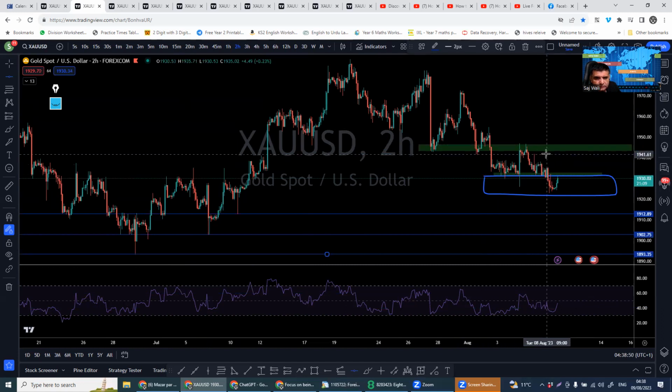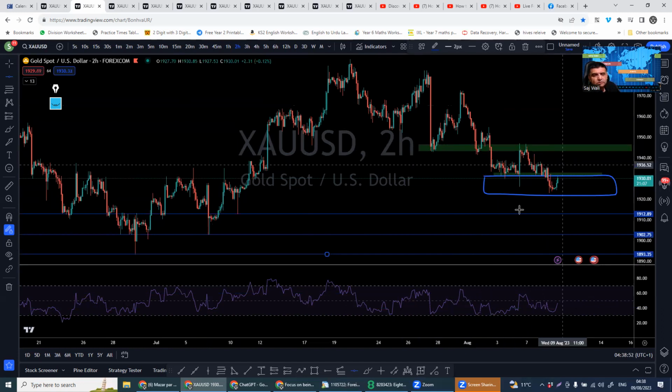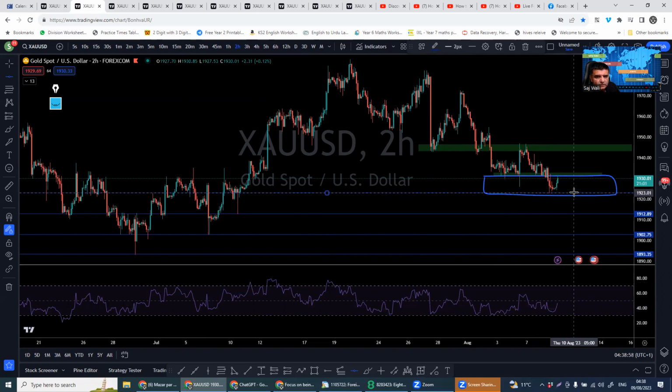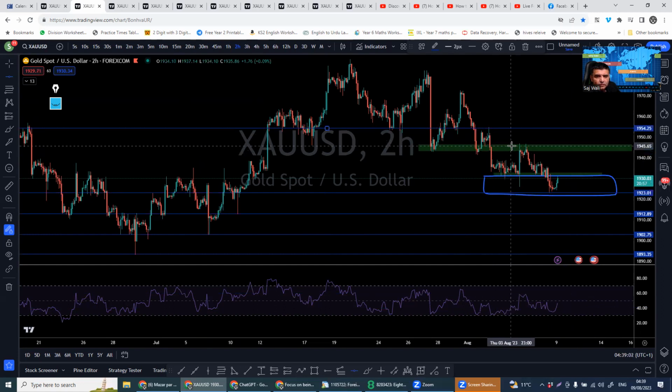However, we don't just look at the downside. We look at both sides of the market. So suppose the market goes to the upside, we have different levels here as well, and we'll take buy trades.